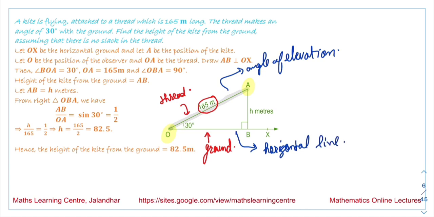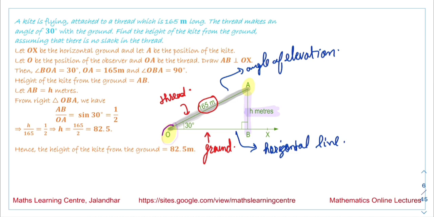Now we have to find the height of the kite from the ground, and it is given that there is no slack in the thread. No slack means that this thread is just a straight line. So we have to calculate this length AB, and we are assuming that it is h meters.